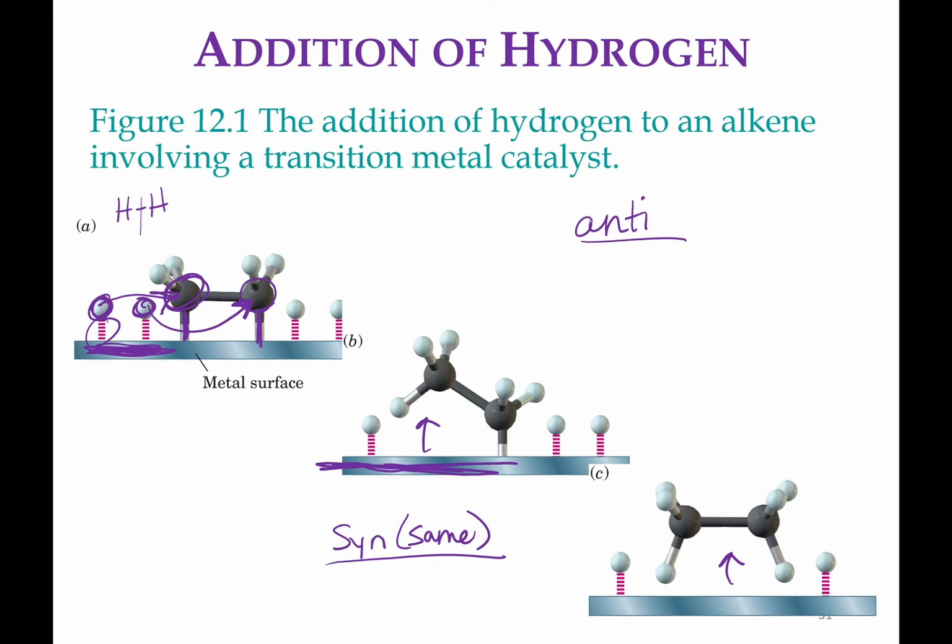Now, the most likely way to get an anti-product from this type of addition is through isomerization. That double bond isomerization, if it occurs faster than the second hydrogen can add, would give you the anti-product. Again, that is above and beyond the scope of what we're going to be talking about.